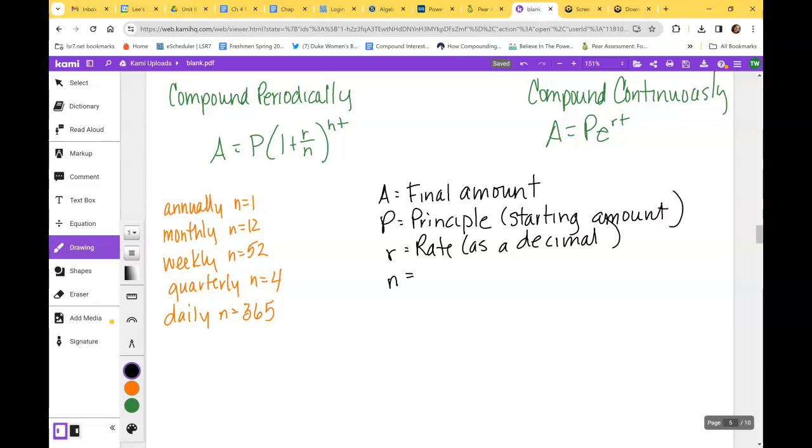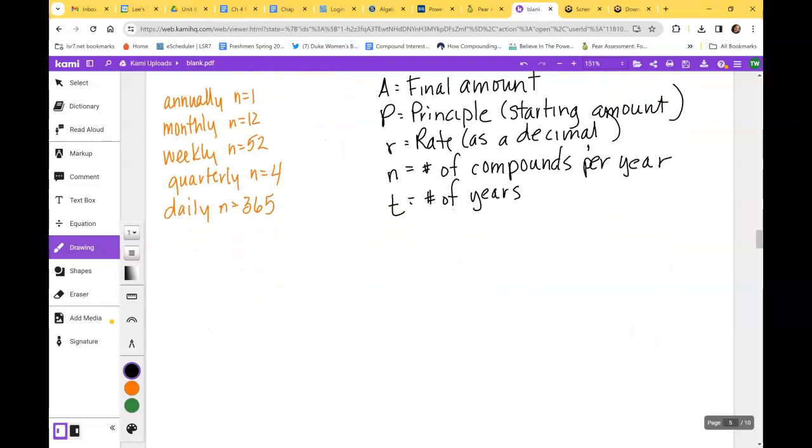N is the number of compounds per year. And I listed those out to the left there. And T is the number of years. Make sure if you have months that you convert them back to years.